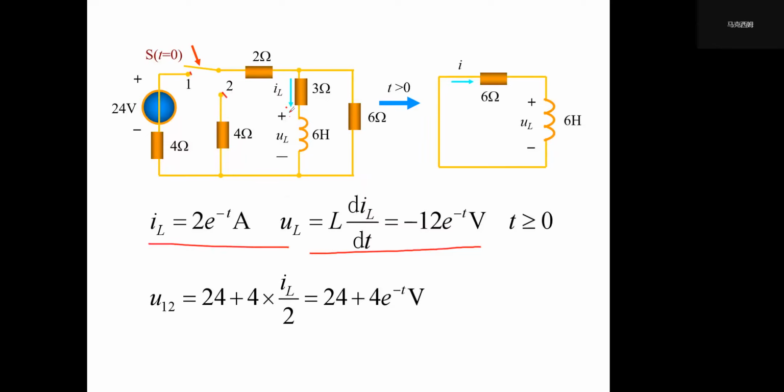Since half of i_L runs through it, this is U12, and we see that they share the same point like this. So we know the difference between them.